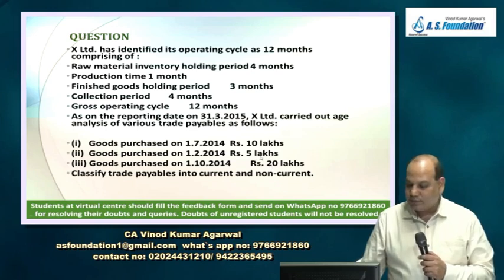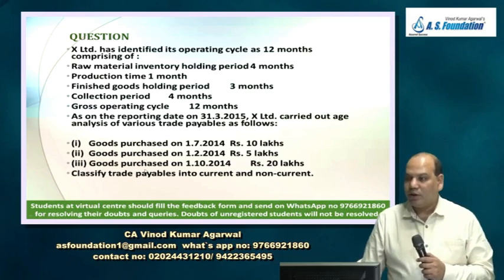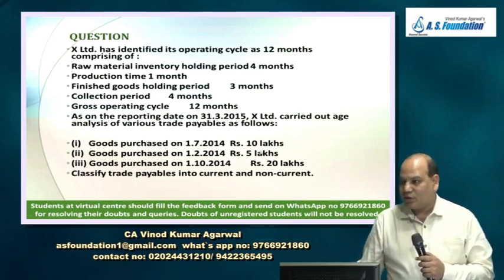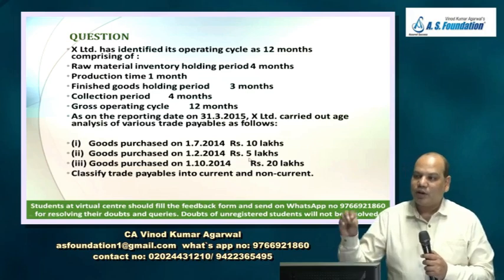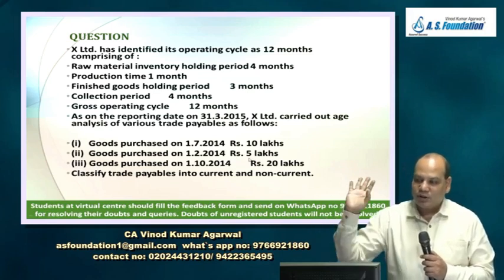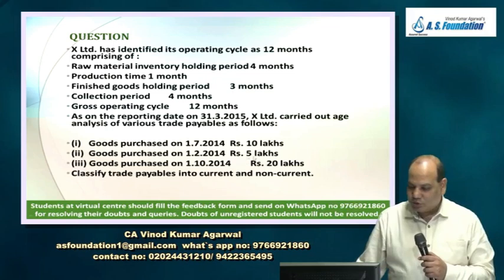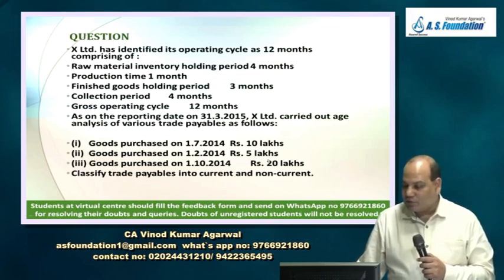But what about the second one? The second one, if I apply the first criteria, they are expected to be settled in the normal operating cycle period. It goes into non-current definition. But if I apply the definition expected to be settled within 12 months from the end of the reporting period, it will become current. Question is not clear about when this is likely to be settled.